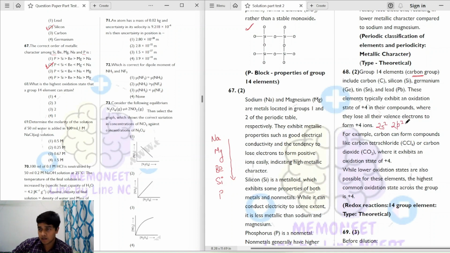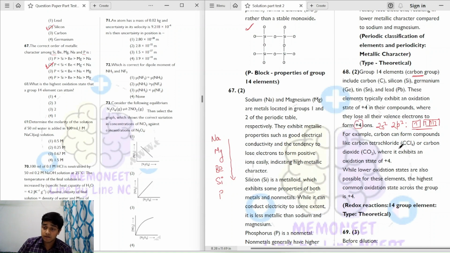And after the excitation of one electron to the p orbital, we can get a total of 4 unpaired electrons, right? So the group 14 elements have only 4 electrons in their valence shell. So that means that they can have a maximum oxidation state of +4 only, because they don't have more electrons in the valence shell, so they cannot exceed the oxidation state of +4.